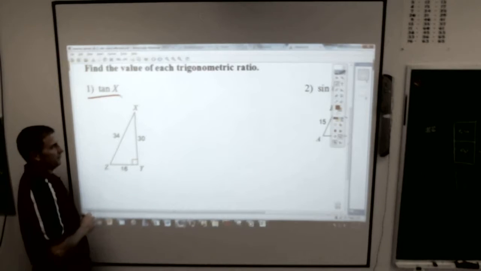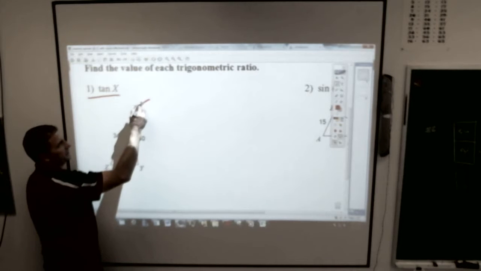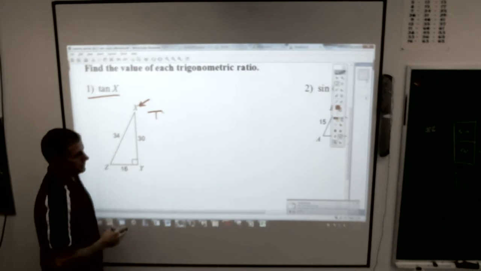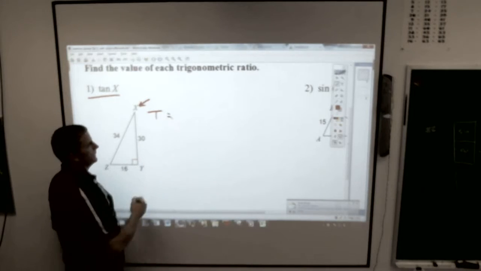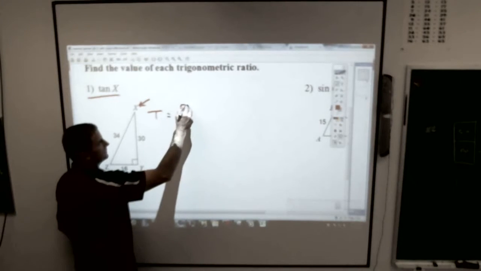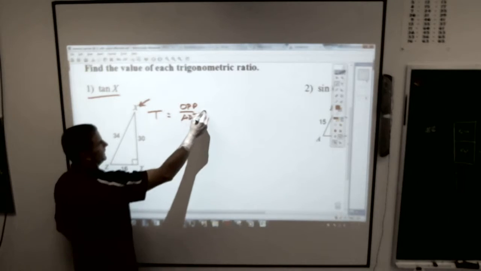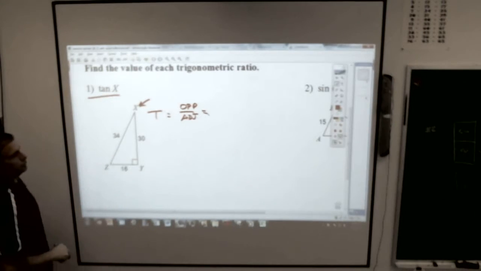Problem number one asks you to find the tangent of x. So you find angle x. Then you think about what the tangent is. Tangent is opposite over adjacent, and you just make a fraction using those two numbers.